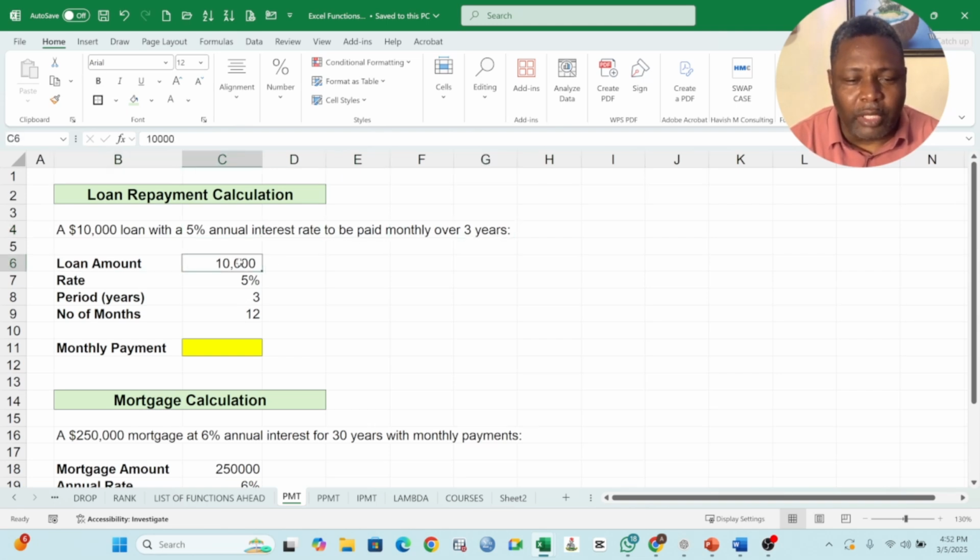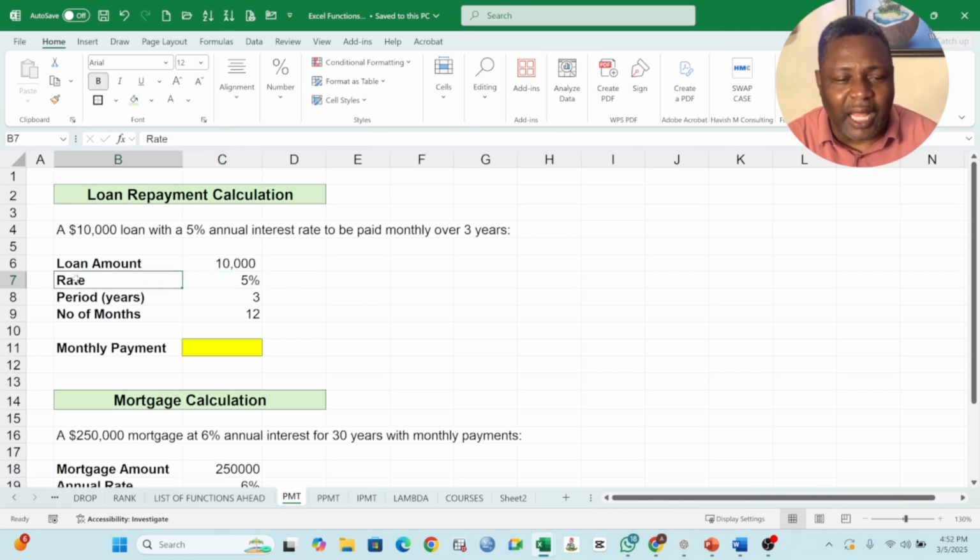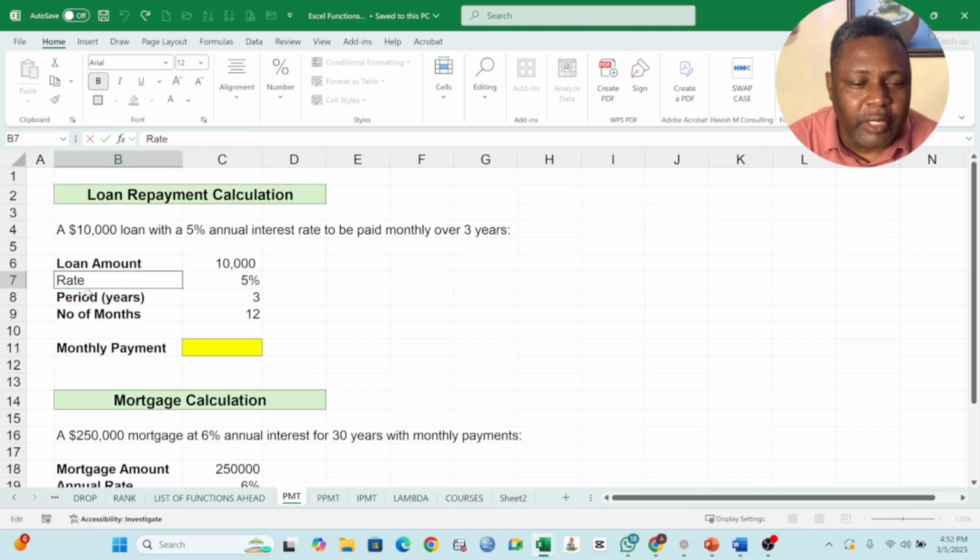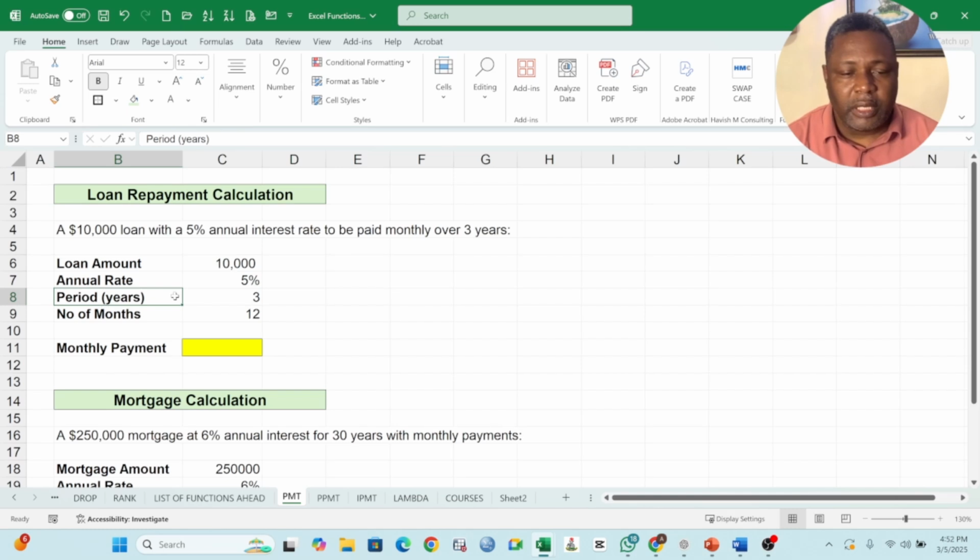So we have the loan amount as $10,000. We have the rate to be 5%, and this is the annual rate. Then the period is in years, which means it's 3 years. That's what we have here.